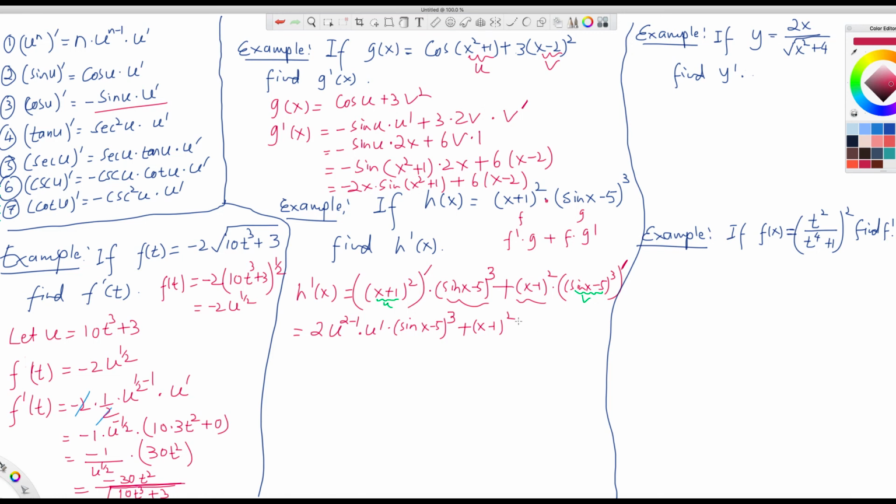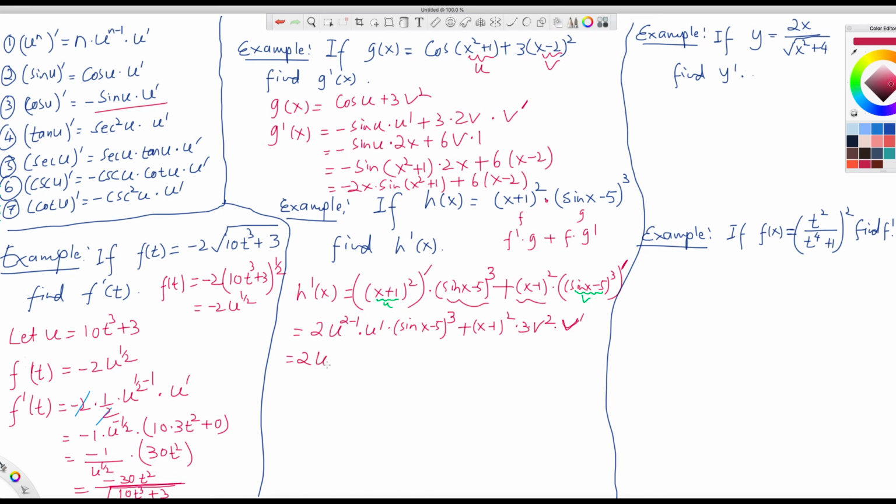So again, n is 3. It is like v to the 3, right? n v, and then n minus 1, 3 minus 1 is 2, times v prime. What is v prime? Let me write v prime for now, and I will find out v prime later. So 2 is there. u to the 2 minus 1 is 1, right?